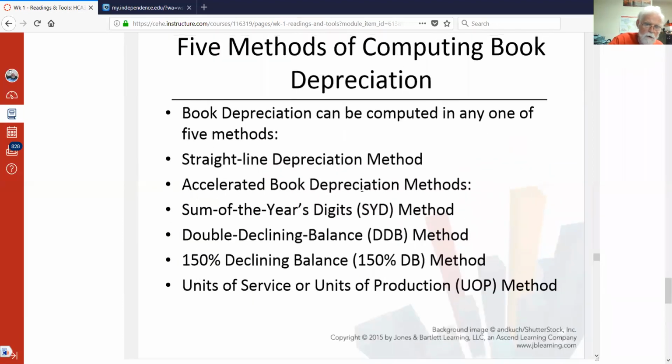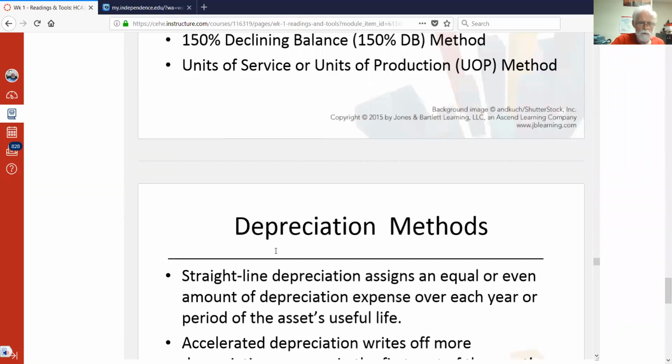Okay, there are 5 methods. We have straight line, which basically is, if it's something that you expect to last 10 years, you'd take 1/10 of it a year. Accelerated methods, there are several of those that are kind of abstract.